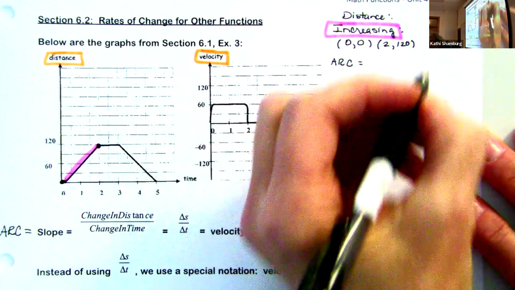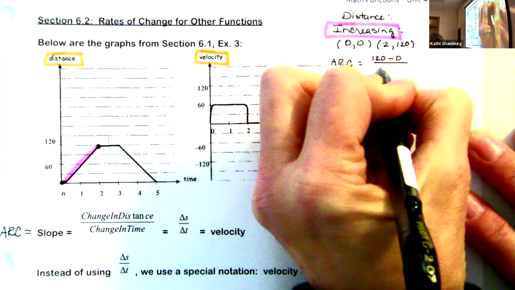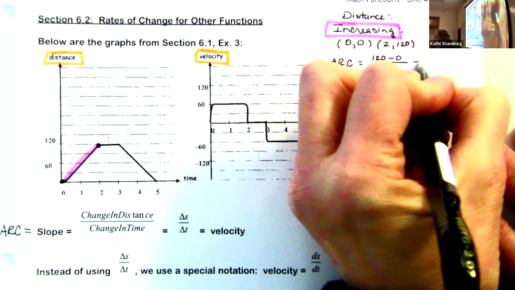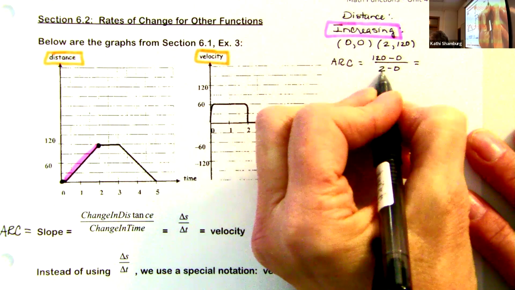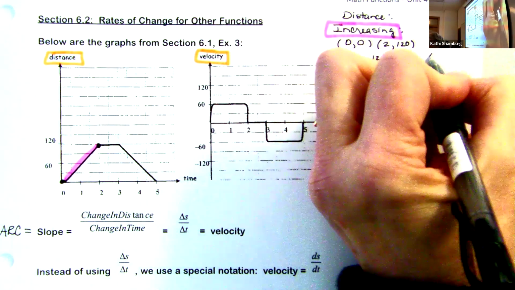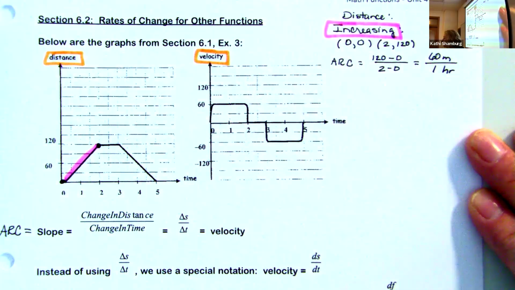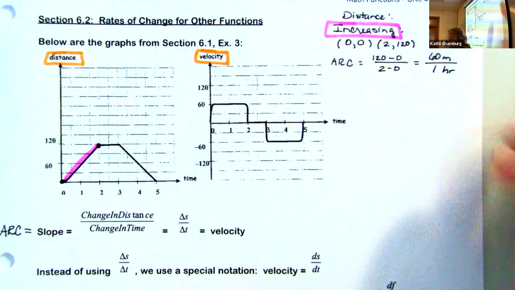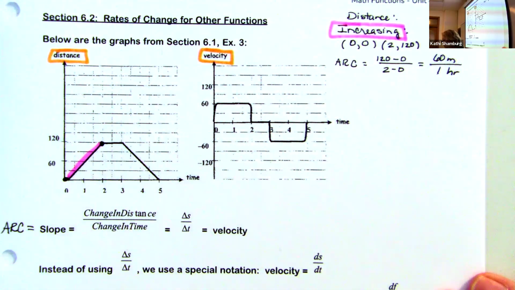So that would be 120 minus 0 over 2 minus 0. It was y2 minus y1 over x2 minus x1. And we would get 120 over 2, which is 60 miles per 1 hour. And that makes sense. This is positive, so we know it's increasing.